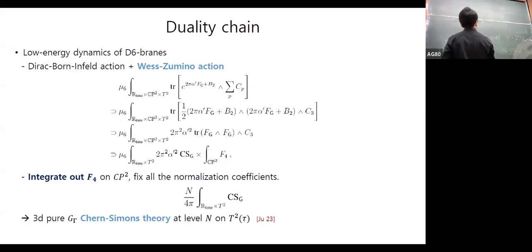So now you compactify M5 branes on S3 mod ZK. Otherwise, you get SU, and you get a gauge rank, right? Because the N is the number of gauge. You get SU(N) at level K. And you just get SU(N) at level K Chern-Simons on T2 times time. So you get states on T2.